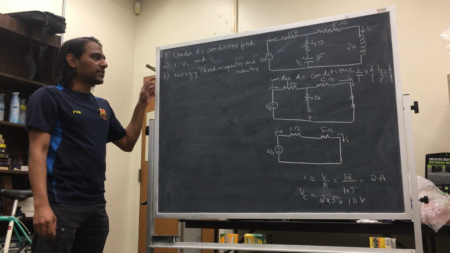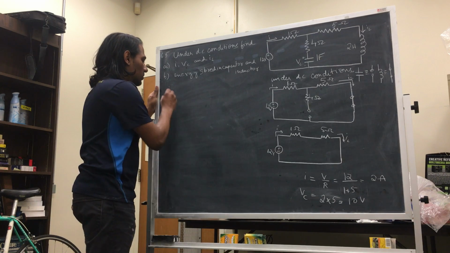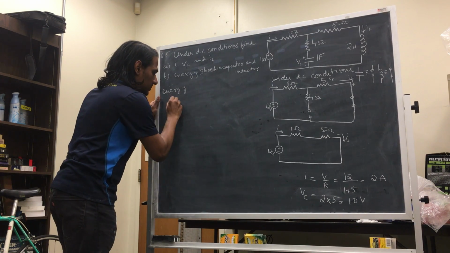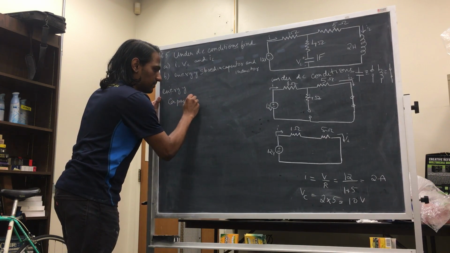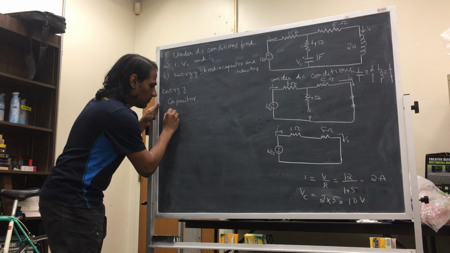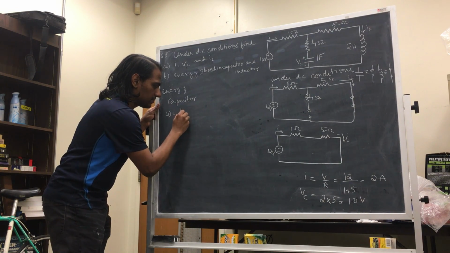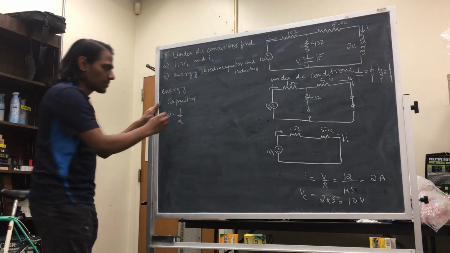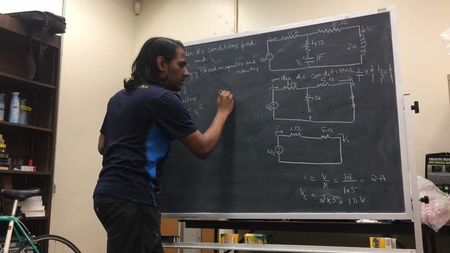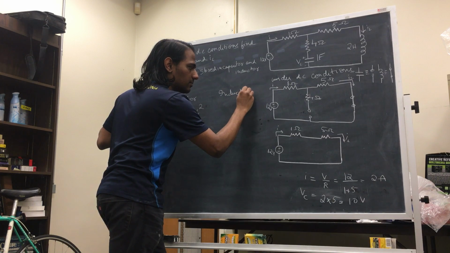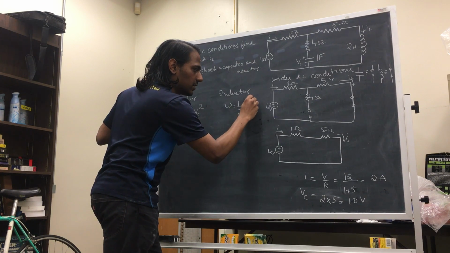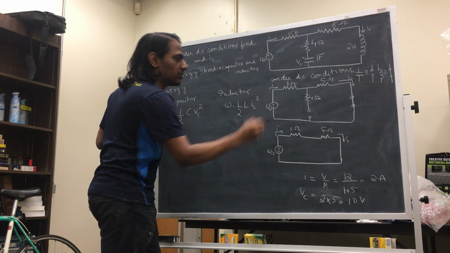Next you have to calculate the energy stored in the capacitor and the inductor. So for energy, for the capacitor, the energy stored would be 1 by 2 C times the voltage across the capacitor squared, and for the inductor, the energy is 1 by 2 inductance times the current flowing through the inductor squared.